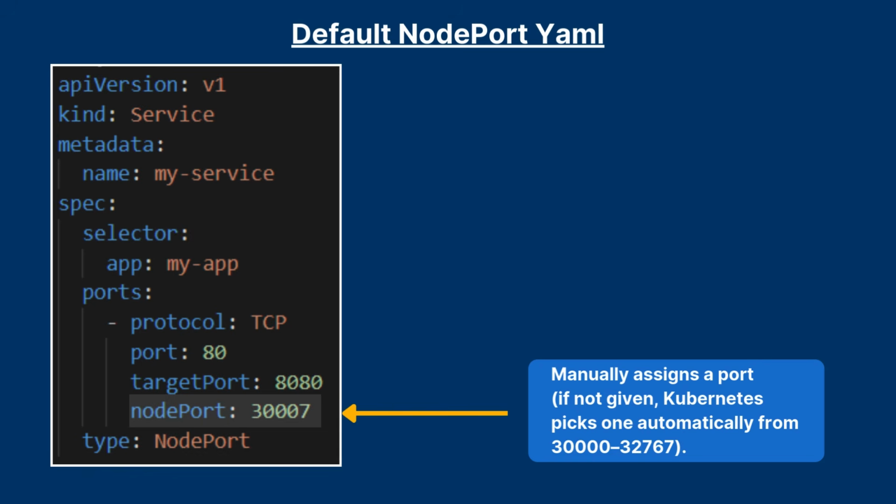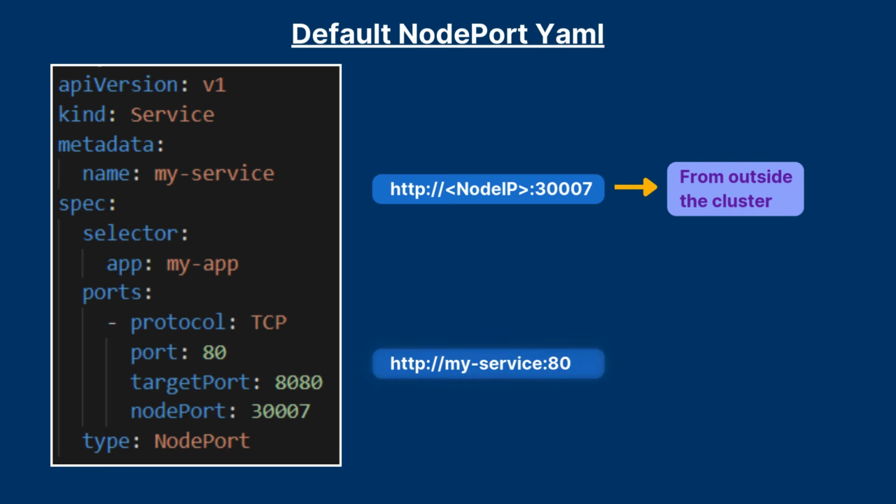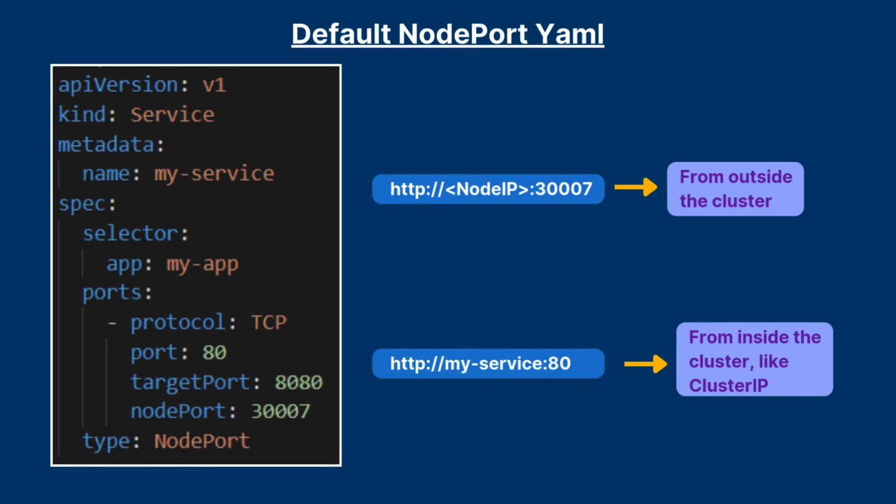It manually assigns a port, and if not given, Kubernetes will automatically pick one from the range we discussed earlier. Now you can access your application from this URL, node IP colon 30007 from outside the cluster, and my-service colon 80 from inside the cluster like ClusterIP.